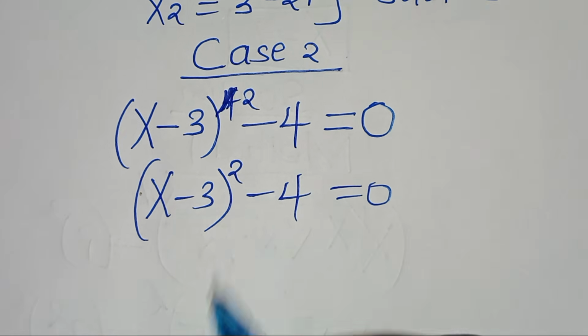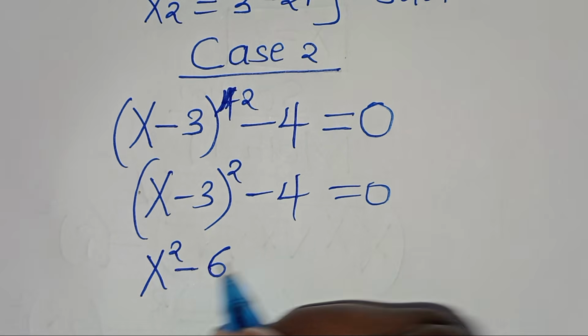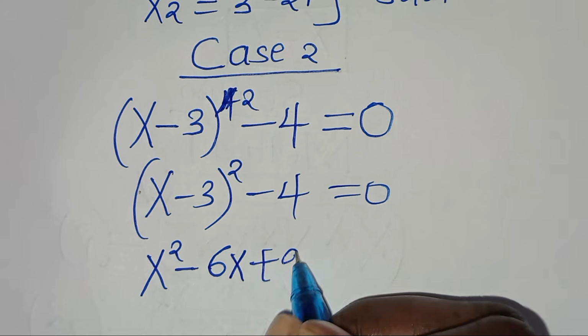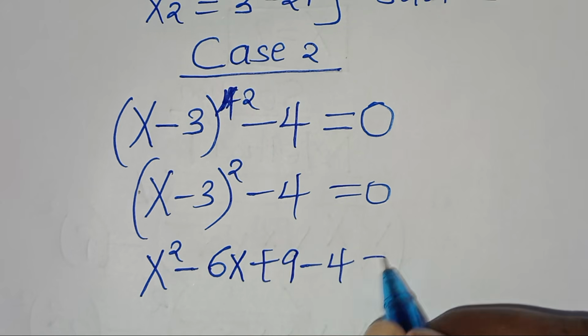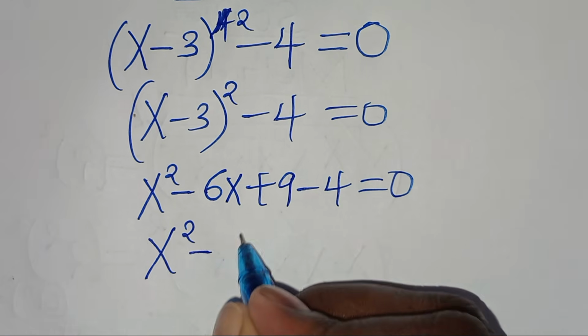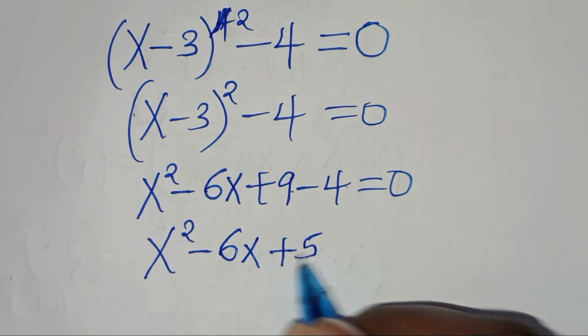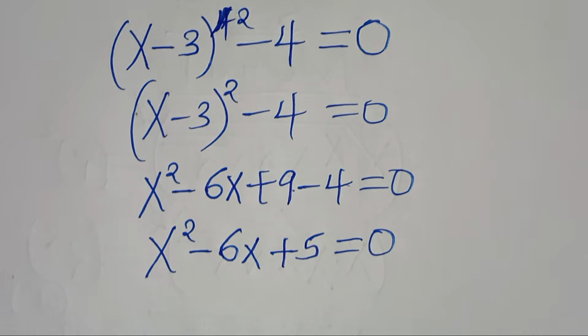So let's expand this. This is x to the power of 2 minus 6x plus 9 minus 4, equal to 0. So this is x to the power of 2 minus 6x plus 5, which is equal to 0.